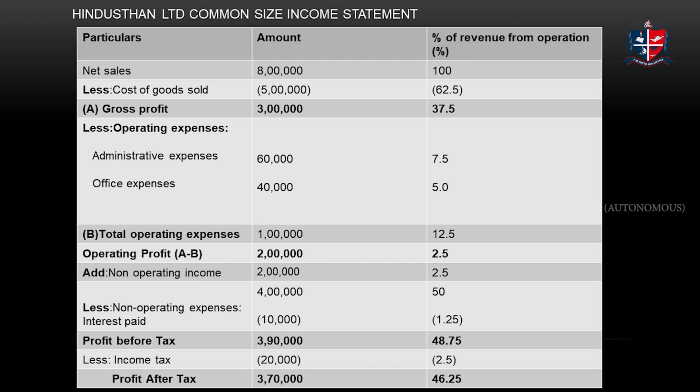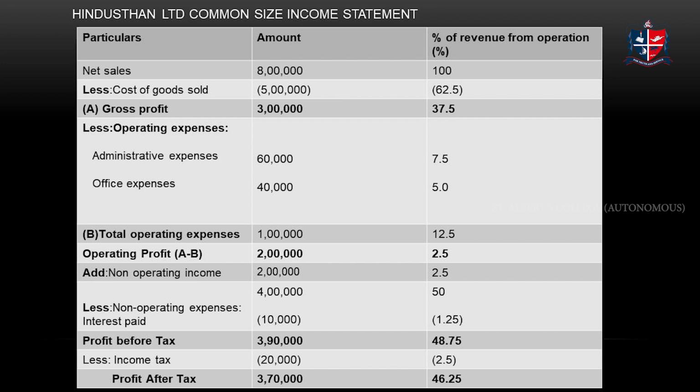Okay. The next step is to find out operating profit. We can find out the operating profit by deducting the total operating expenses from gross profit. Okay, then we will get the operating profit, that is 2 lakh, and also we will find out the percentages.